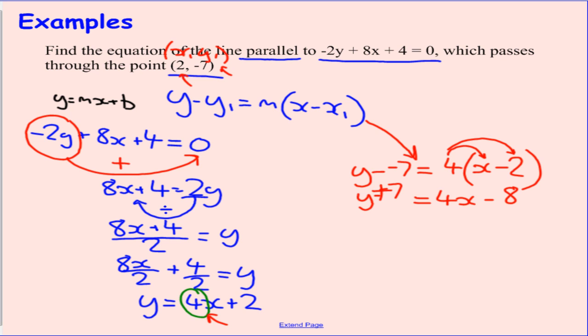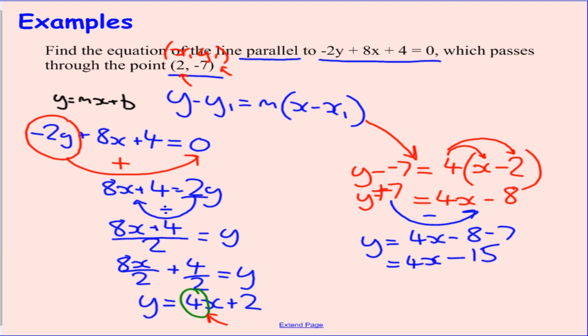And the way we're going to move our 7 onto the other side is by taking it away. So we're going to have y equals 4x minus 8 minus another 7. So it's 4x minus 15. And there is our linear equation that fits all the information originally given to us in the question.